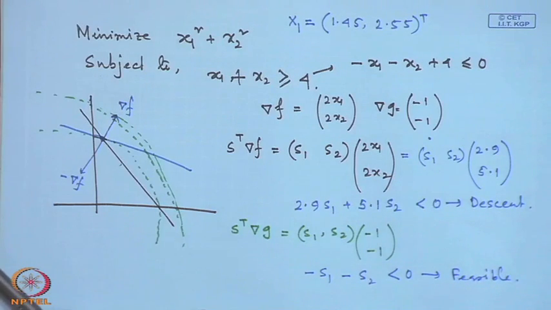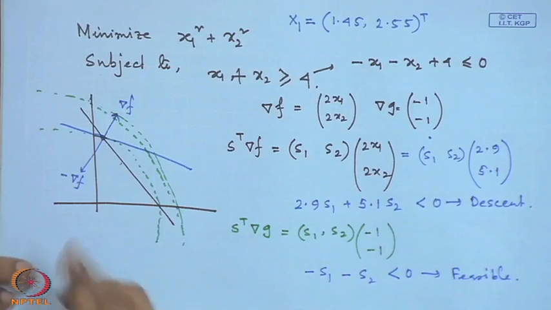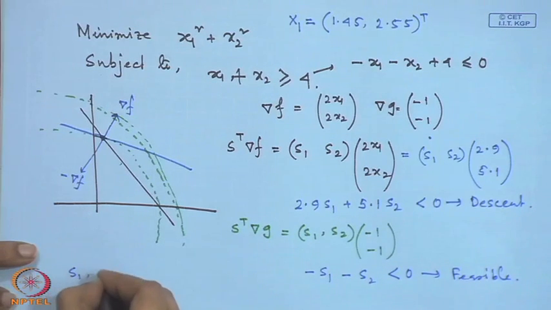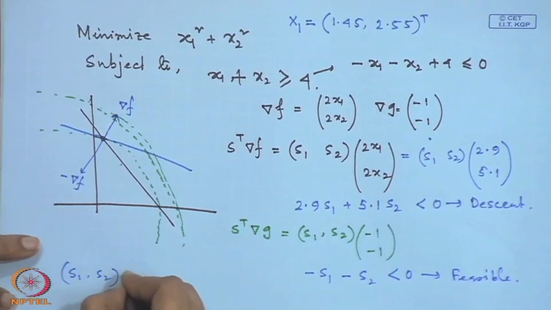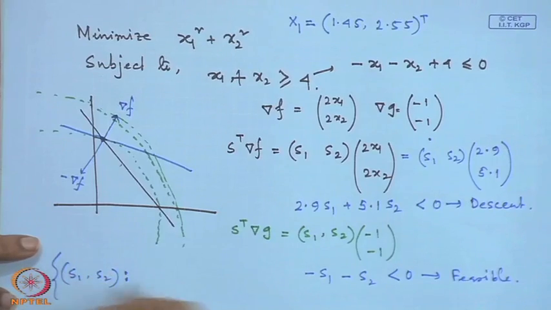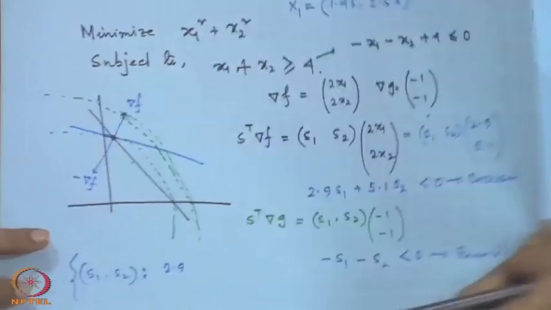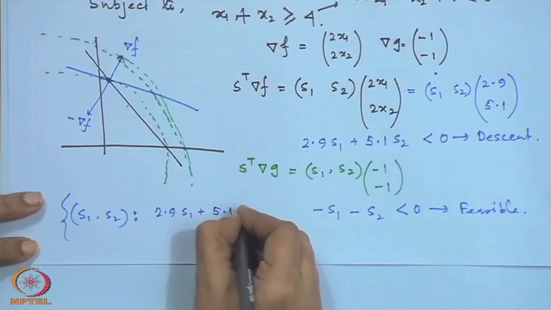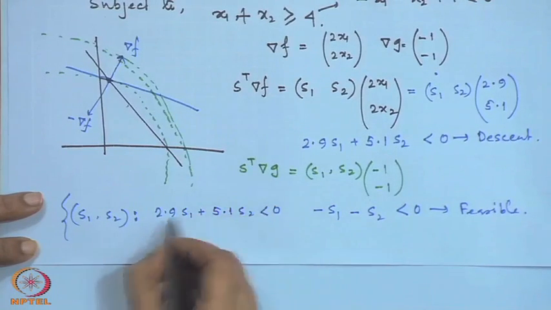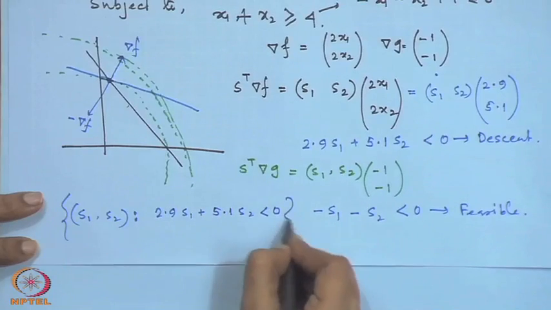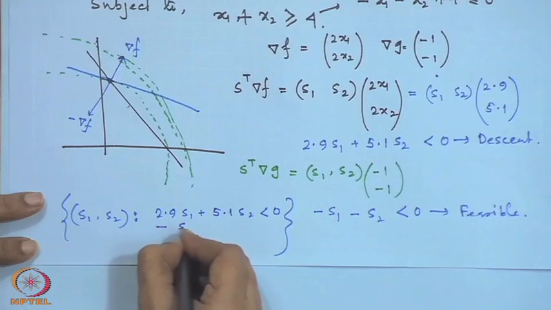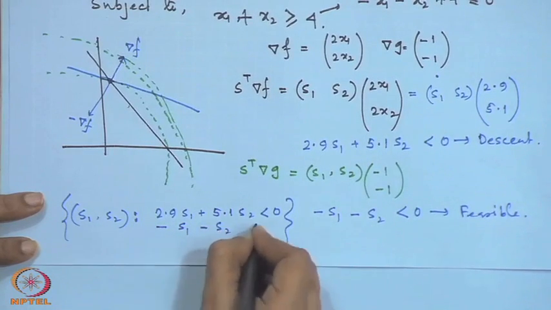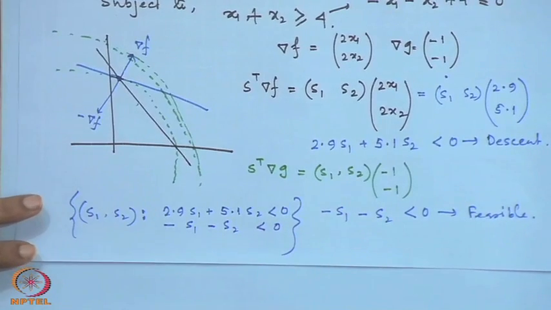Usable direction is that set of S1 S2 which satisfies both the conditions together, that is 2.9 S1 plus 5.1 S2 less than 0, that is the descent direction, and minus S1 minus S2 less than 0, that is the feasible direction.